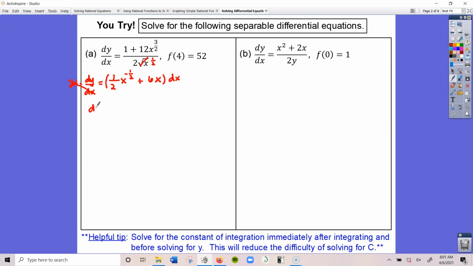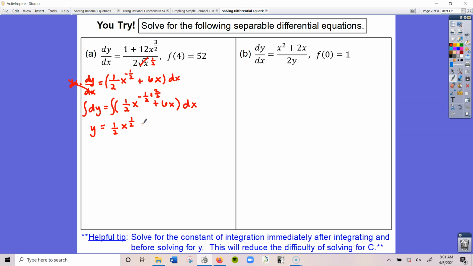So I have dy is equal to 1/2 x to the negative 1/2 plus 6x dx. And now we integrate. So the integral of dy is y is equal to 1/2 x. I have to add 1 to the exponent, so I'm adding 2 over 2, which would give me 1/2.